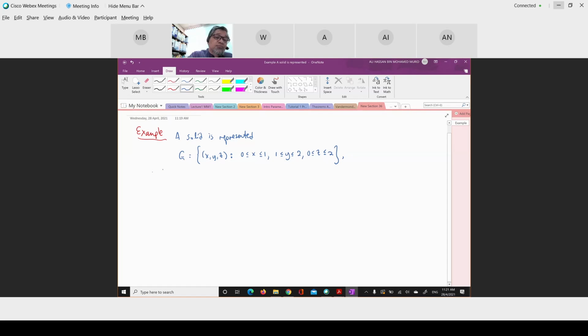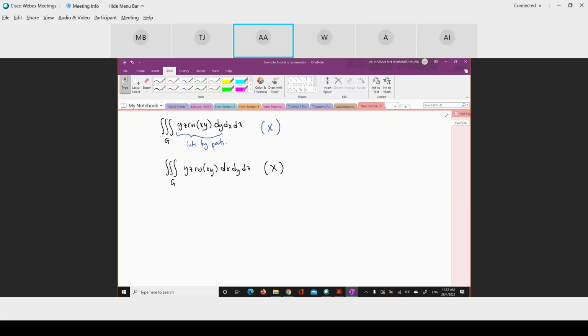What about integrating with respect to z first? Yeah, because z is outside cosine, right? So let's integrate with respect to z first because z is outside cosine.